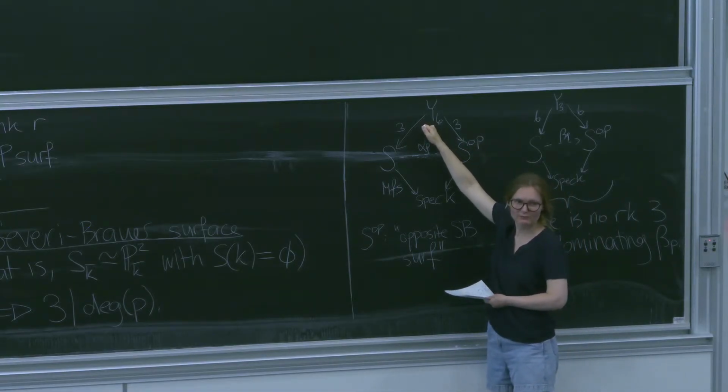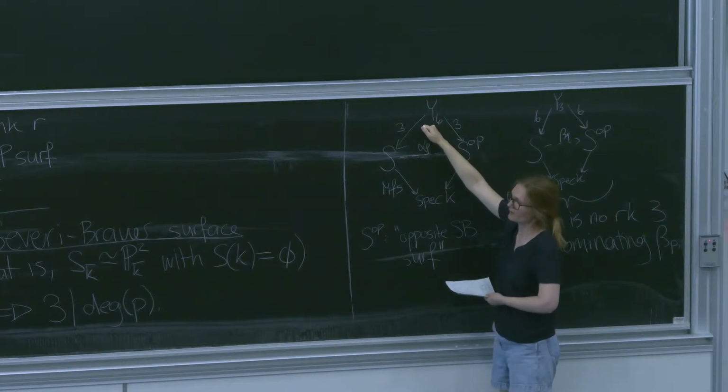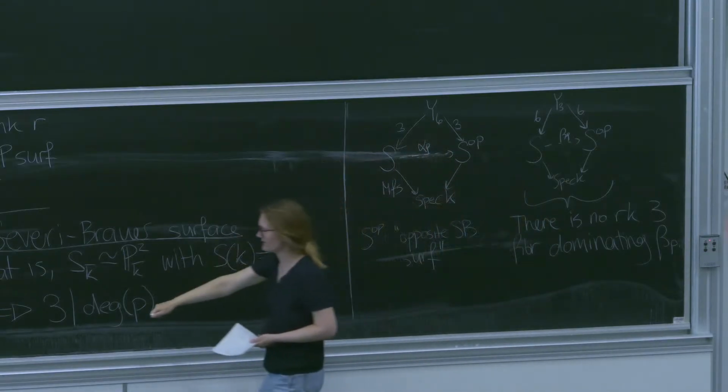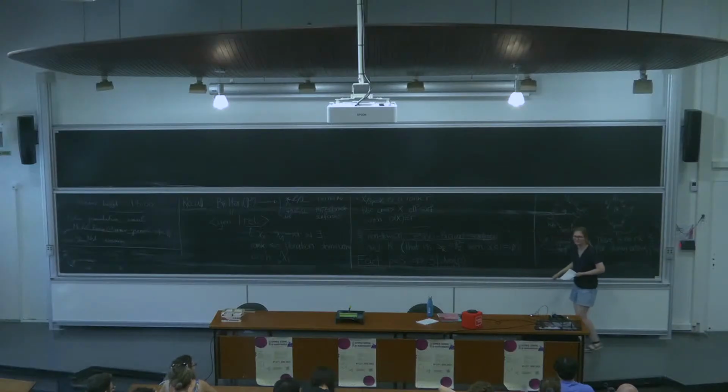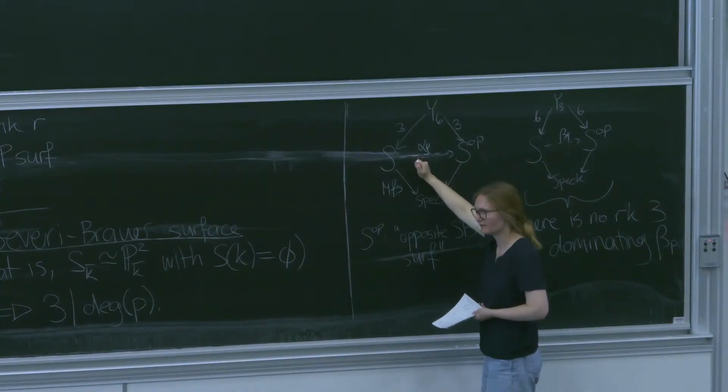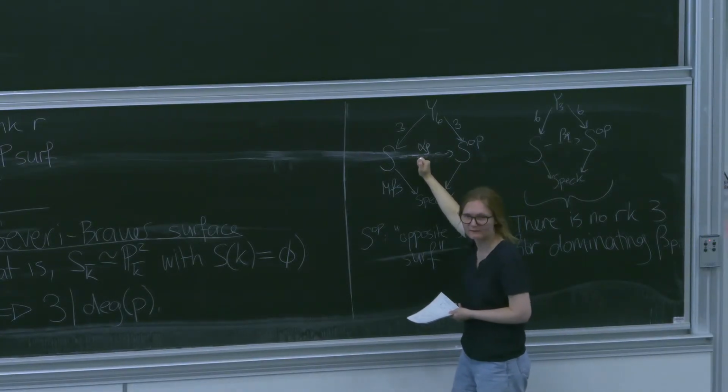What we can do is blow up a point on Y6. So what can we do? The smallest degree is 3. Let's blow up a point of degree 3. And then we get a cubic del Pezzo surface, so this is actually possible. So there are rank 3 fibrations dominating these links.